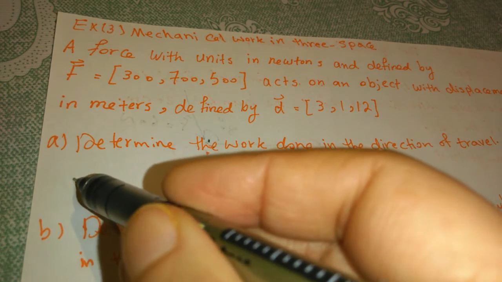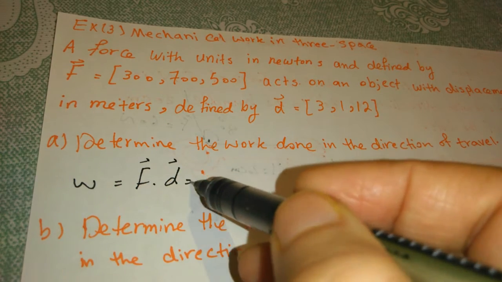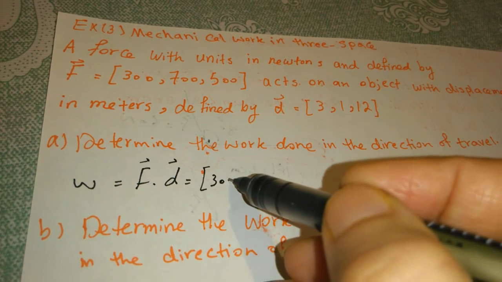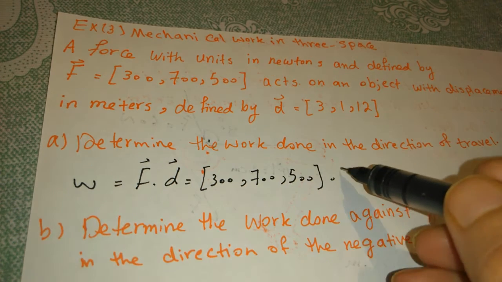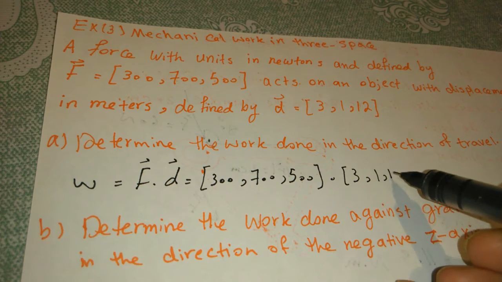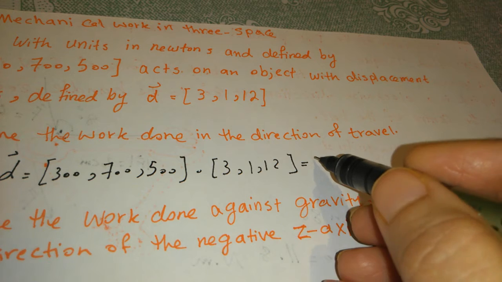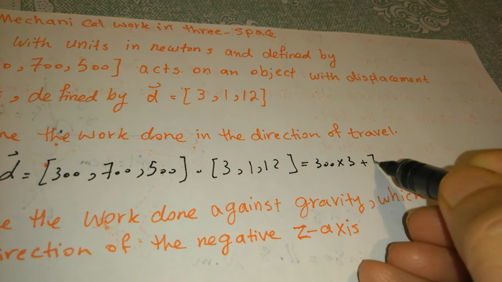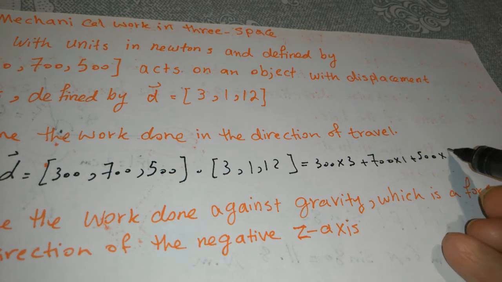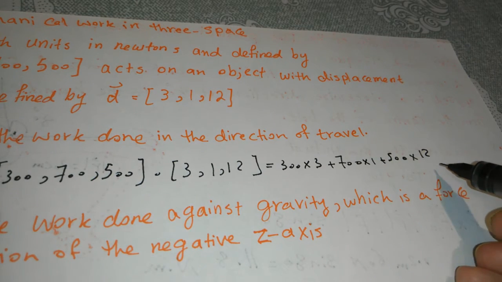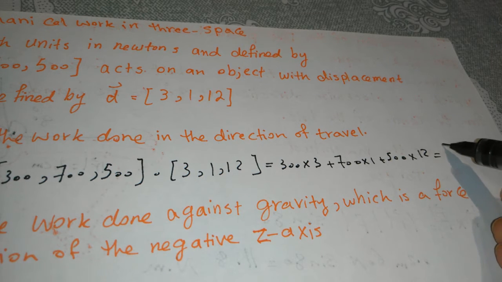So I know the work is gonna be force dotted to the displacement. The force is <300, 700, 500>, and dotted to the displacement <3, 1, 12>. Everyone knows how to dot product these two. It's 300 multiplied by 3 plus 700 multiplied by 1 plus 500 multiplied by 12, which is equal to 7600.